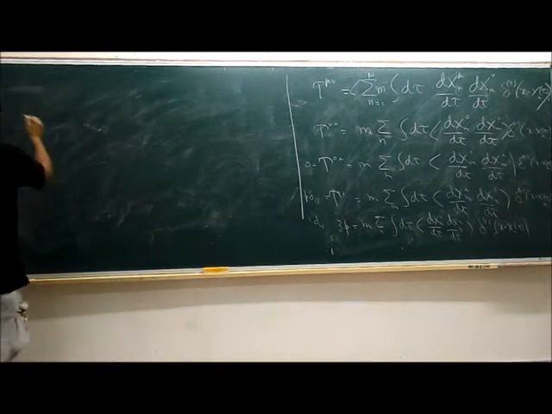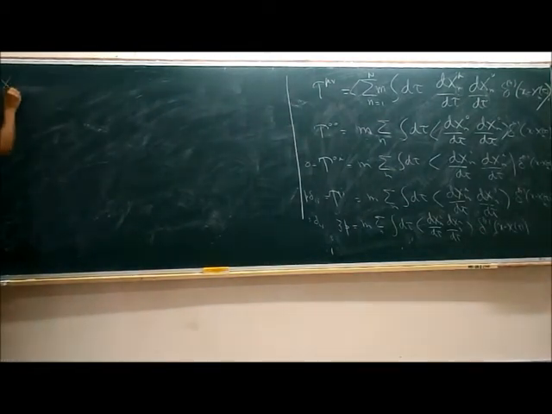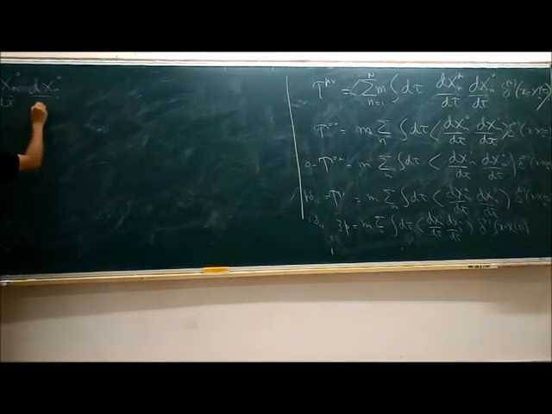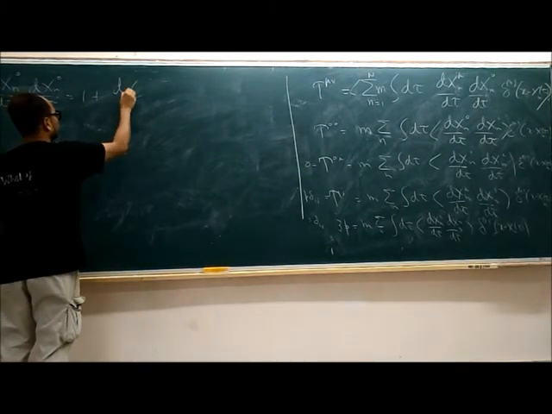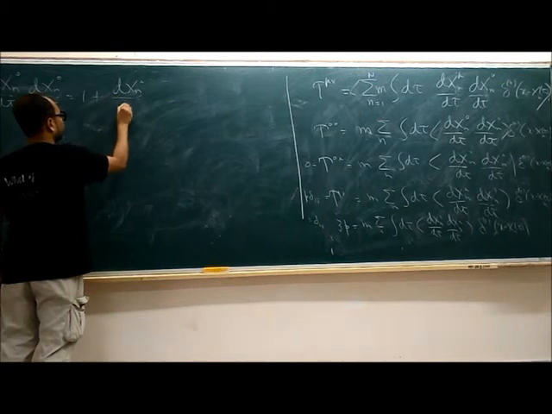Now we are going to use the fact that dx naught d tau is equal to 1 plus dx i d tau.